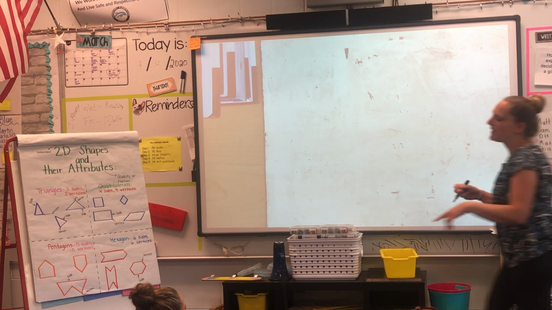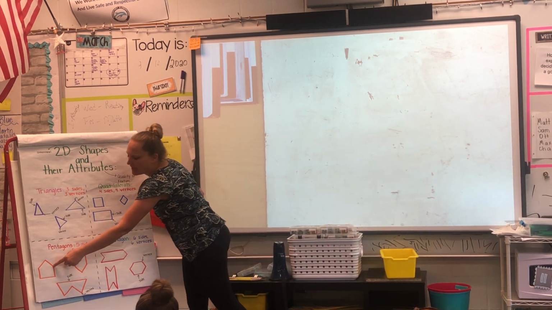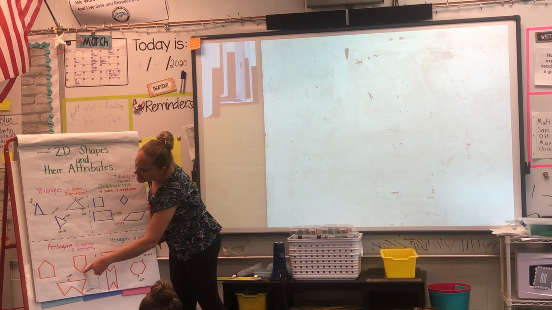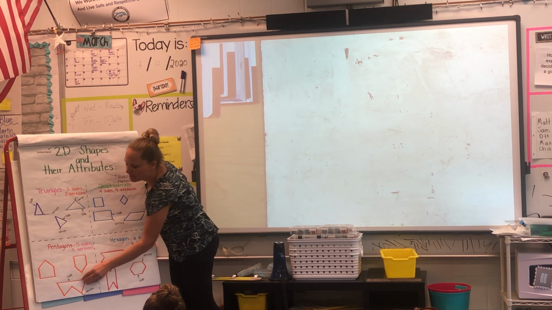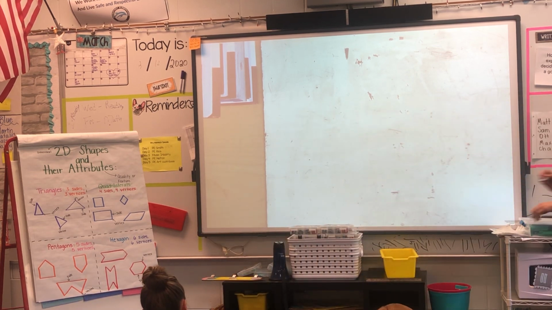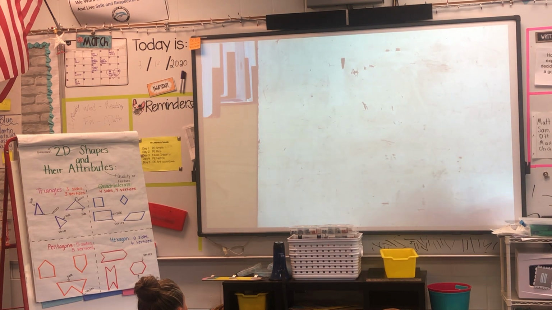Do they have to be all like a house? Does every pentagon have to look like that? No. As long as it is 5 sides, closed with no circles, is it a pentagon? Yes, it is. So, I want to draw a pentagon, and I'm going to ask you to draw a pentagon on your whiteboard, okay?